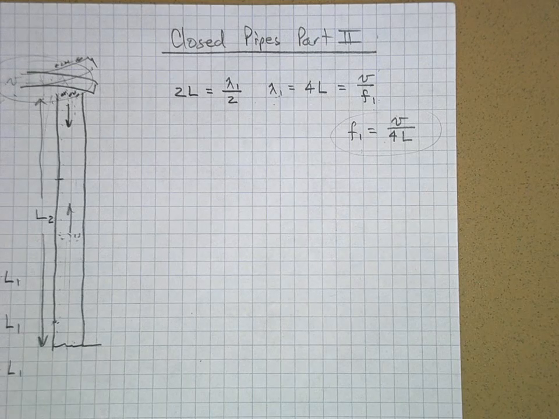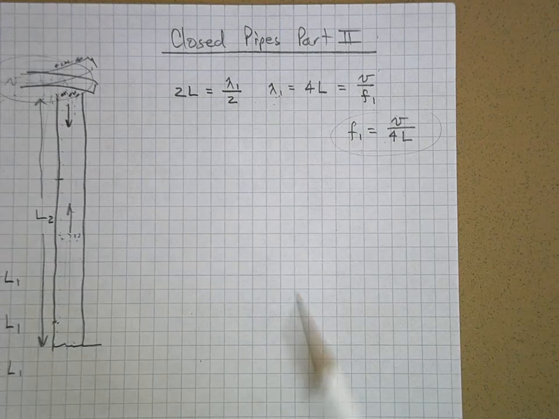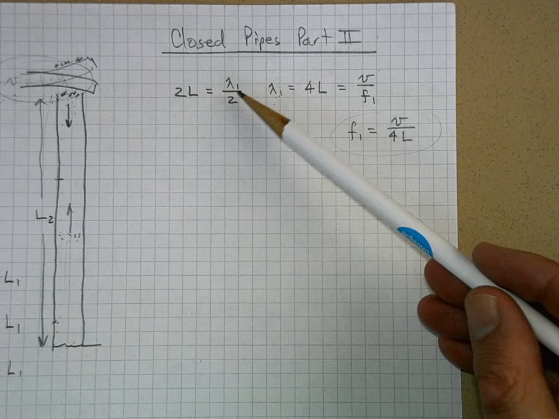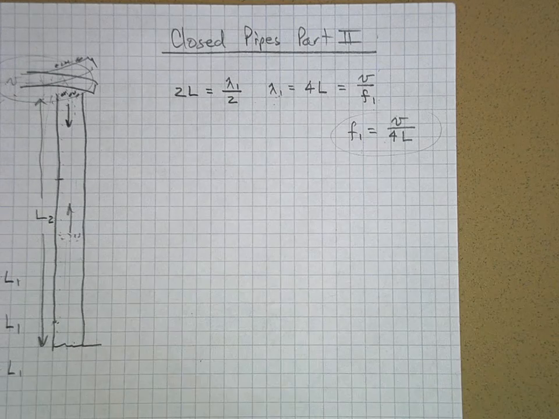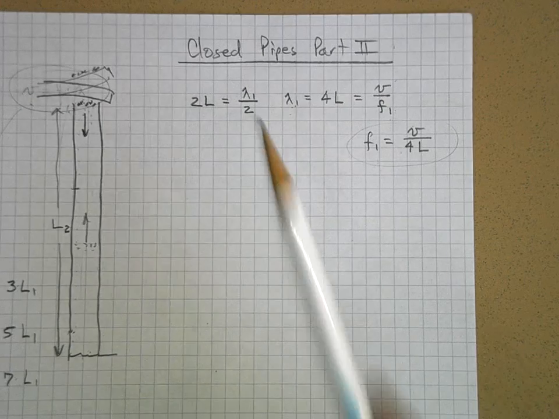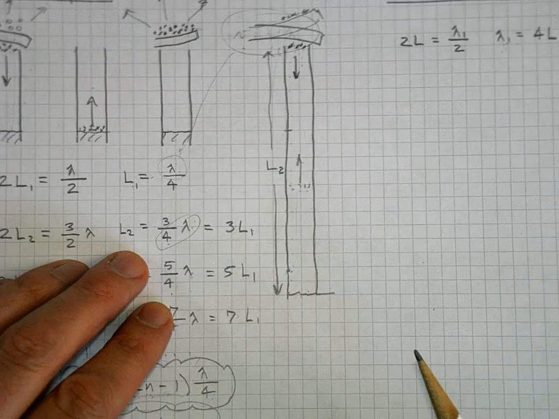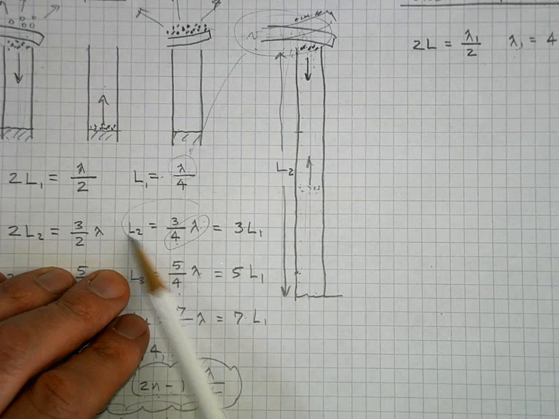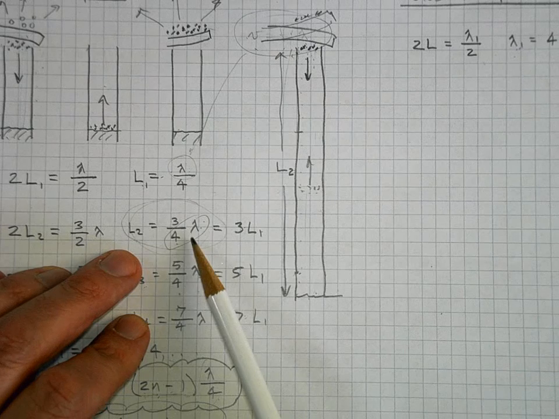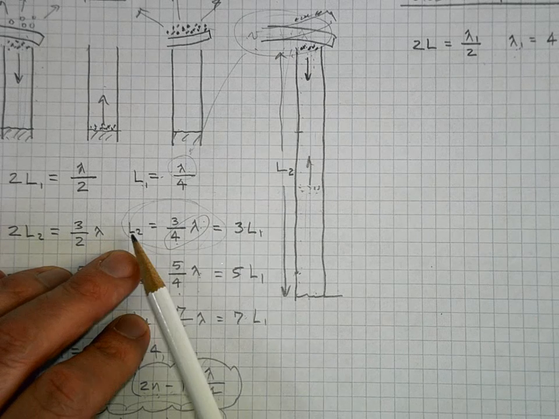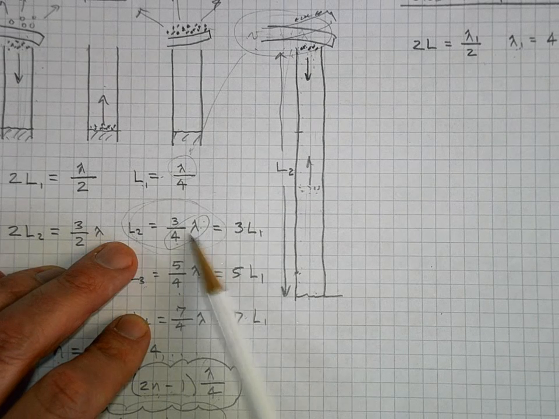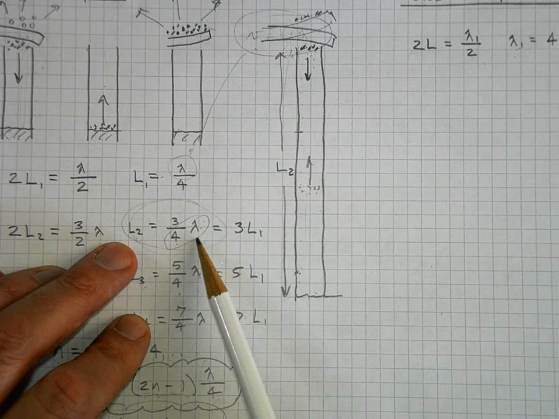Now, what if there was a shorter wavelength? What if the length of pipe was actually equal to 3 quarters of the wavelength, instead of a quarter? Let's take a look at this equation right here. Except now I'm holding the length fixed, and I'm going to call this lambda sub 2.